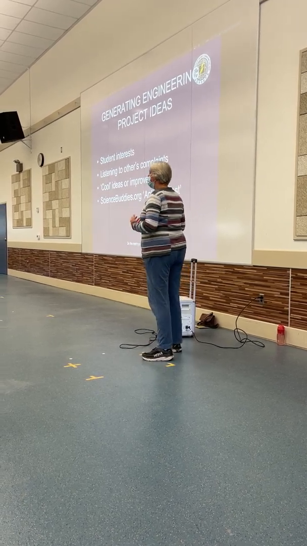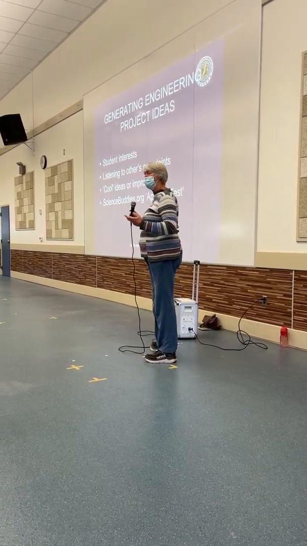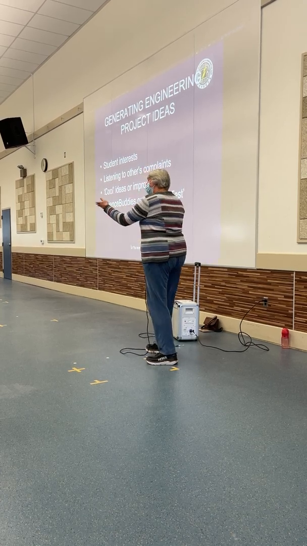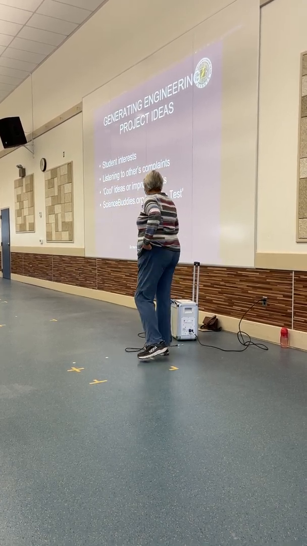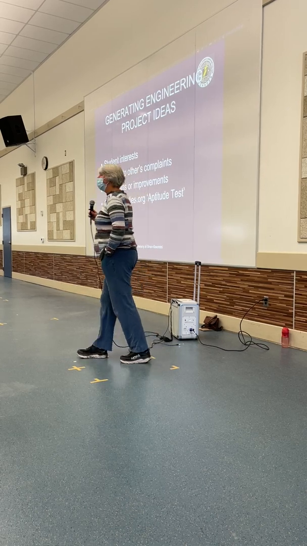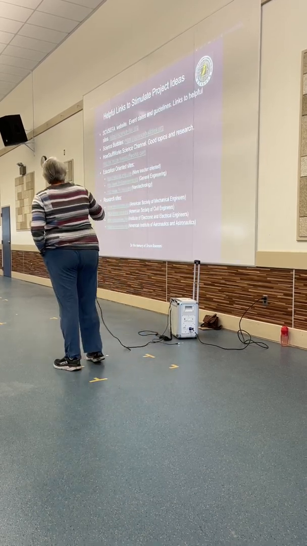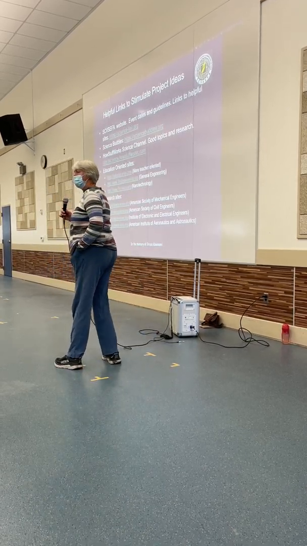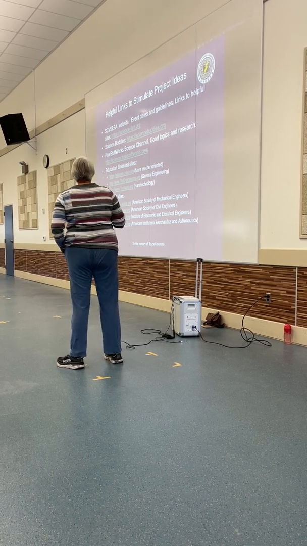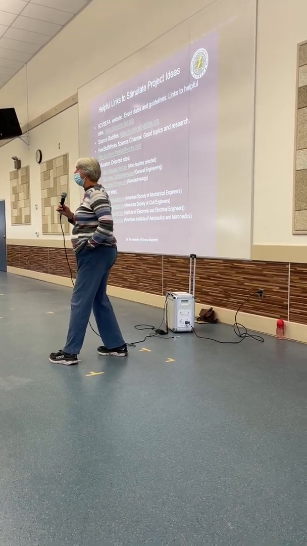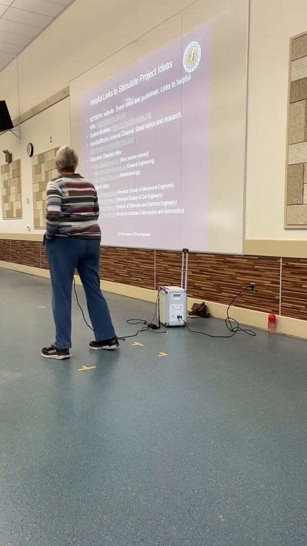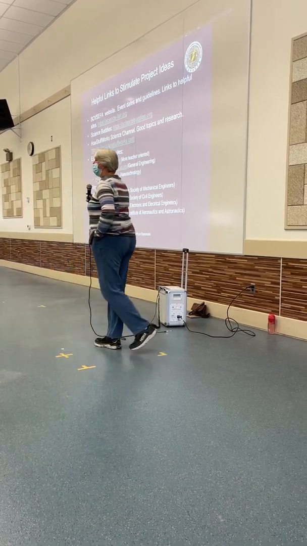There's other things that you can do. There's online aptitude tests that you can use to kind of steer where you might put your interest. So if we move to the next slide, here's a set of links that I provided where you can get ideas from. Your teachers have this presentation, so don't worry about copying this down. They've got it directly.